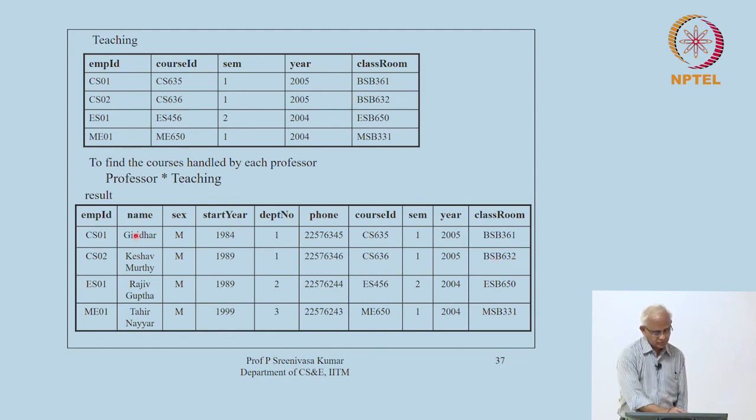In case a particular professor is teaching more than one course, then the entire details about the professor will be repeated. In this case it is not like that, so we get this result. So this is natural join.